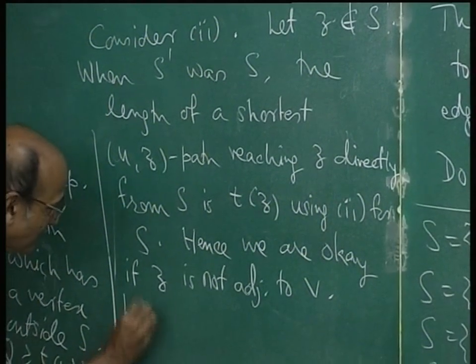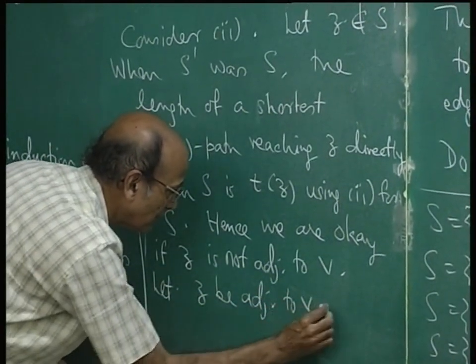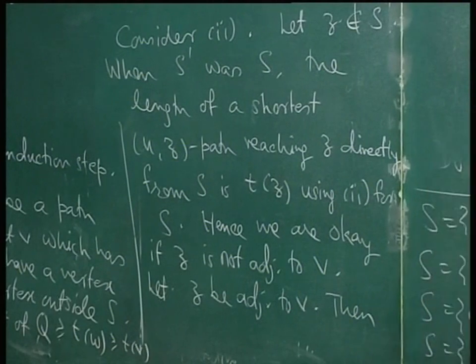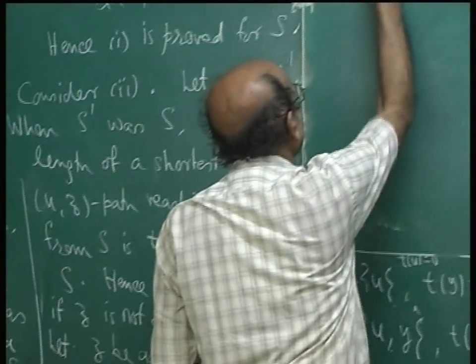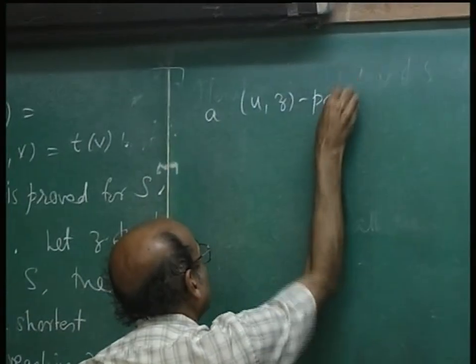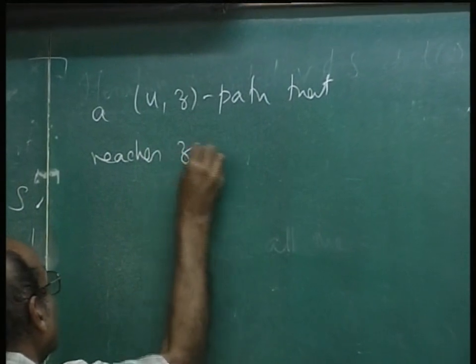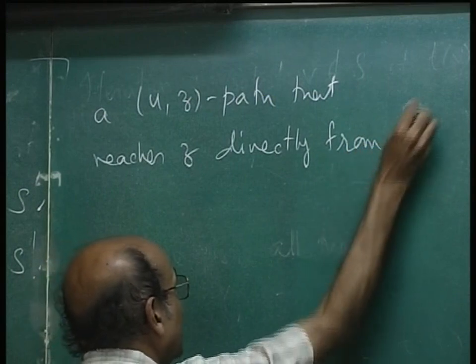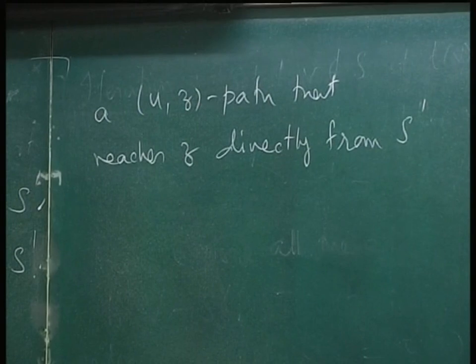So let Z be adjacent to V. Then a UZ path that reaches Z directly from S prime can be done in 2 ways. Either you reach directly from S or the last vertex may be V. Those are the only 2 possibilities.